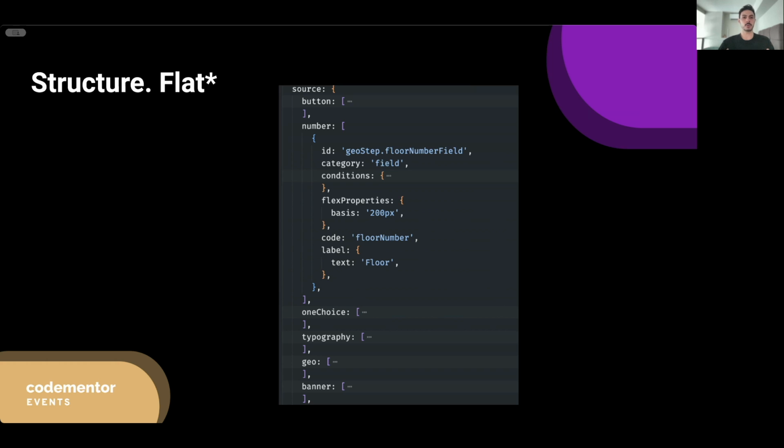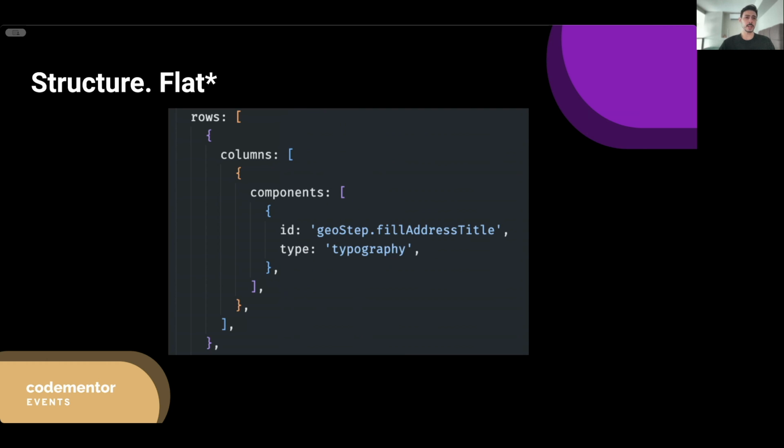We have a source map with all info about every component that is on the page, but without any order, basically like a database of components. At the same time, we need some kind of a list or grid which indicates the order of components, and inside it has just information on how to look up that component in the source map.